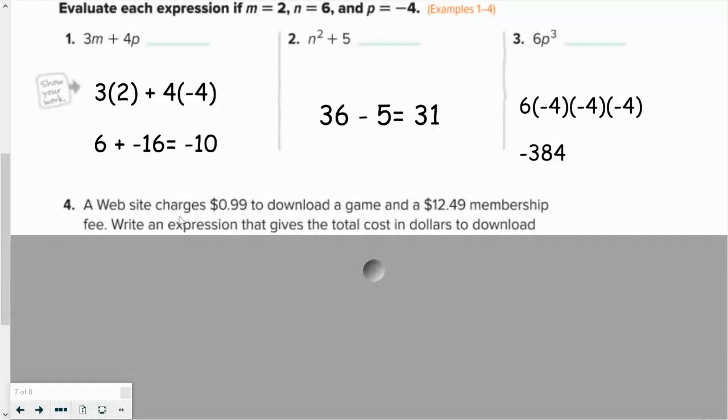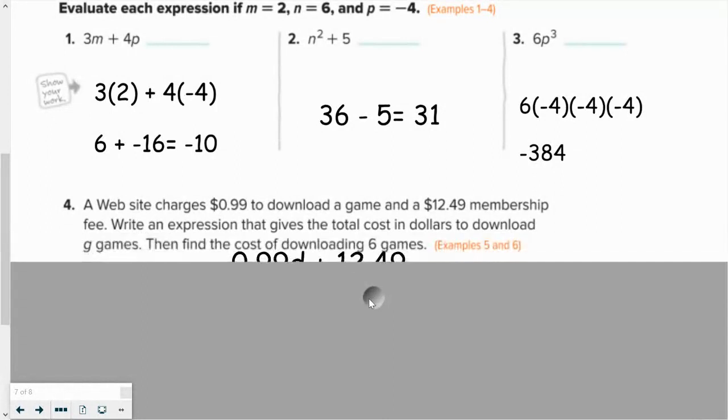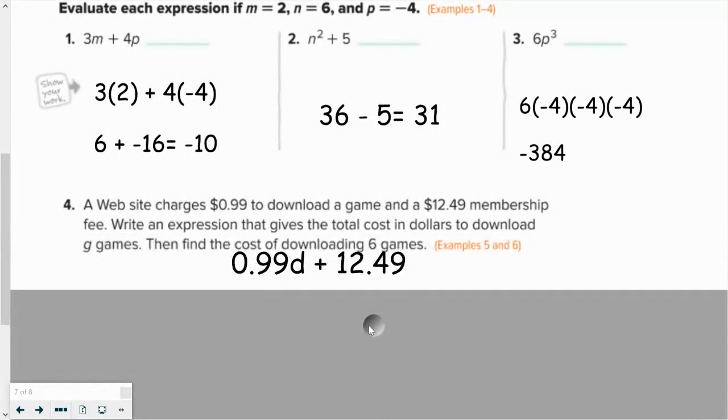A website charges 99 cents to download a game. So if you do multiple games, you're going to have to do something with this 99. And a $12.49 membership fee. It's a one-time fee. So my expression that I wrote was that I'm going to take 99 cents times B for download, because every time you download, that's how much you get charged, plus your one-time membership fee.